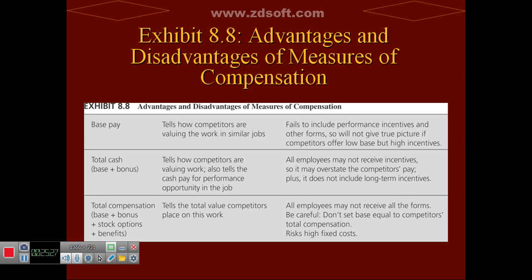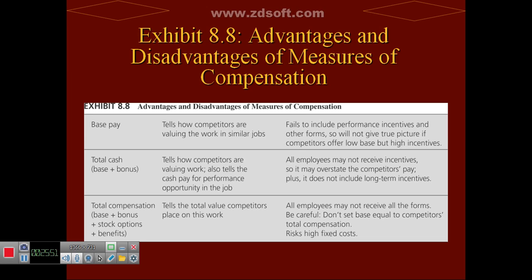Base pay tells how competitors are valuing the work in similar jobs. For example, the company in question is a pharmaceutical company, and while studying the base pay of its competitors for sales representatives, it can find out how competitors are valuing the work for the sales representatives in their company.